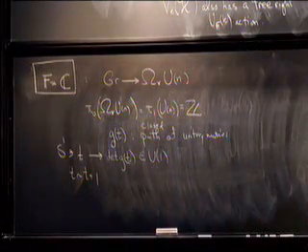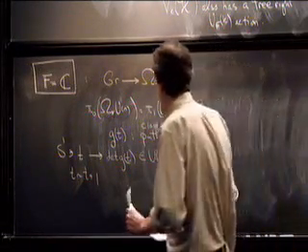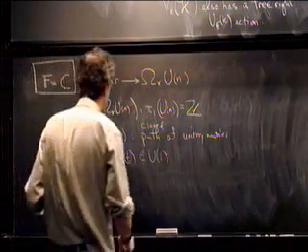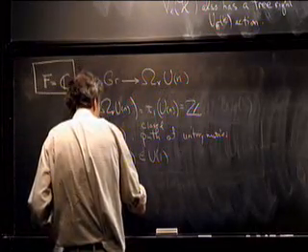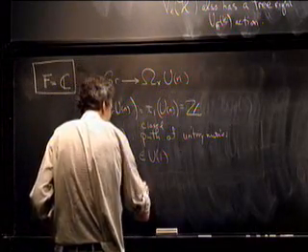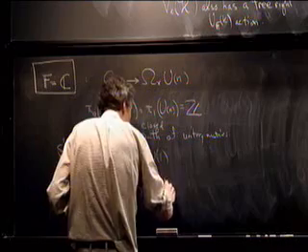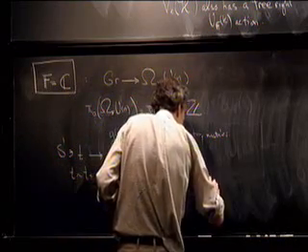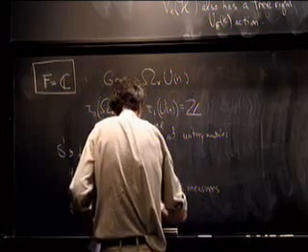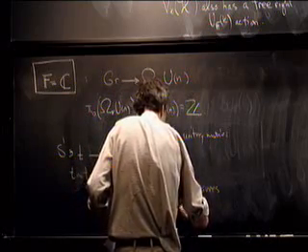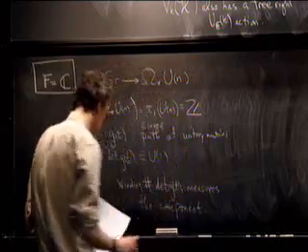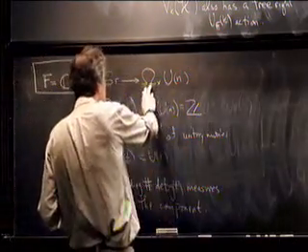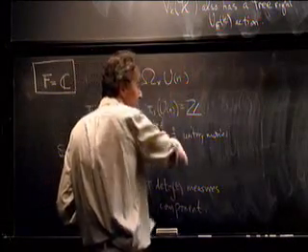That has a winding number, and that winding number of the determinant of G of t measures the path component. So this space has many components.